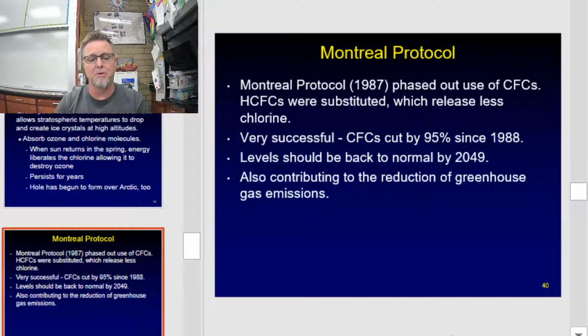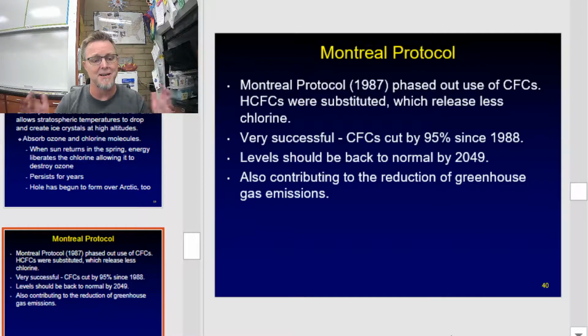The Montreal Protocol in 1987 is the law that basically phased out CFCs. So remember that. It was successful. CFCs were cut by 95% as a result of the Montreal Protocol. Now, keep in mind that this is something that the developed world adopted, but there are still places in this world that use chlorofluorocarbons, right?